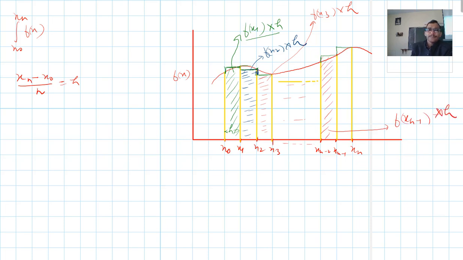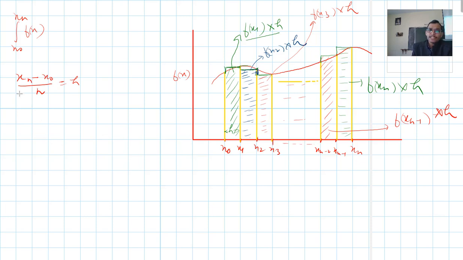And its area is what? Its area is f of xn into h. So that means this is a way. Here there is a possibility, depending upon the shape of the curve, that either I am underestimating or overestimating the area slightly.